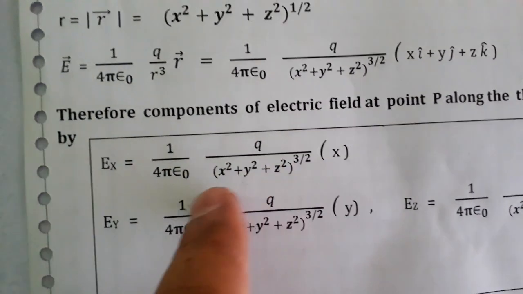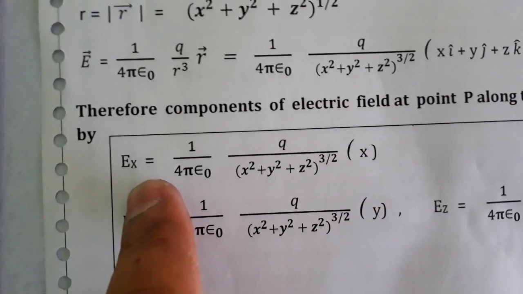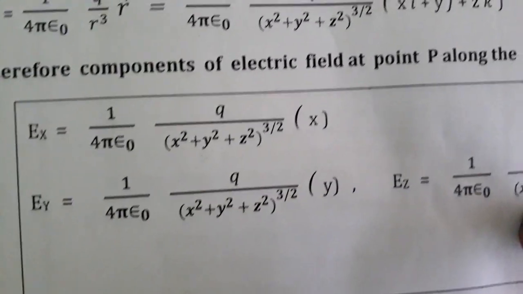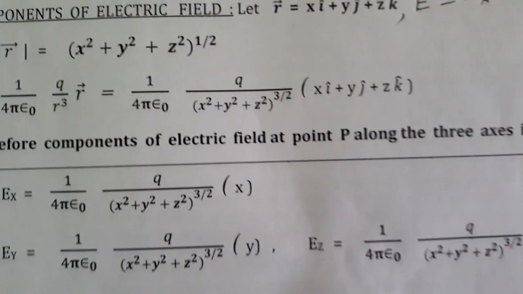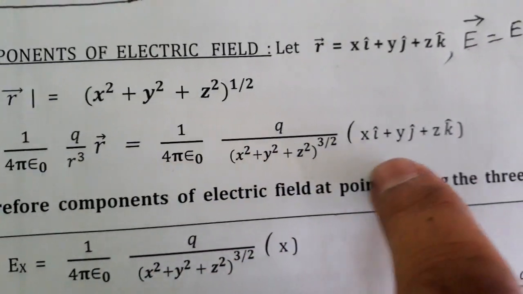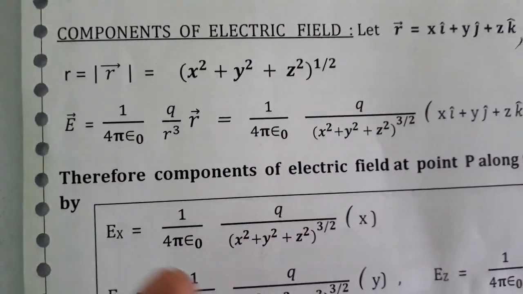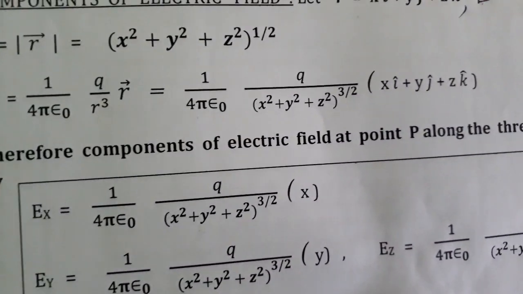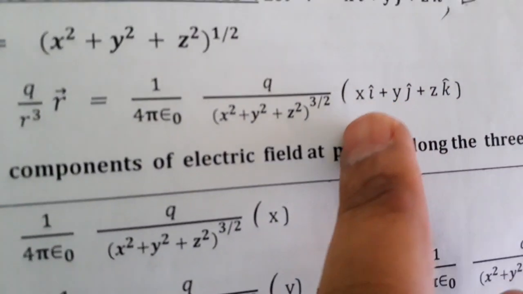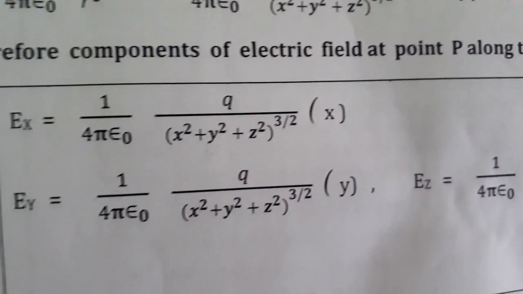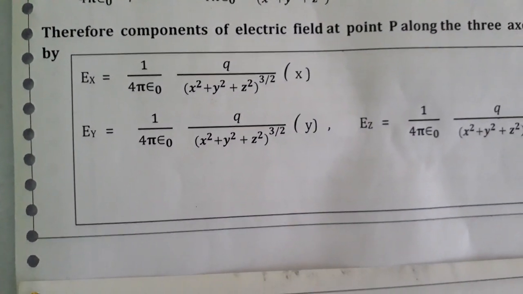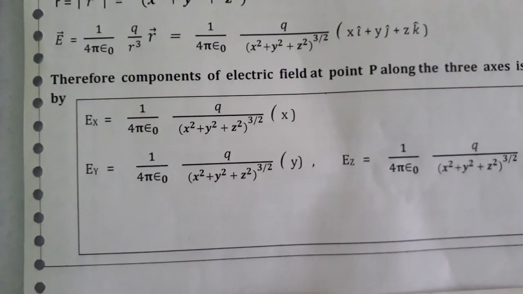Finally we get the electric field along the x axis, along the y axis, and along the z axis. You can see the equation E equal to, which I have written over here, and when we compare the coefficients of i, j and k, we get the three components of electric field along the x, y and z axes.